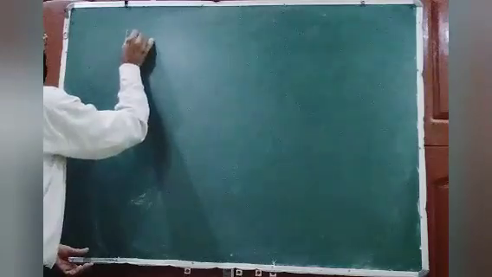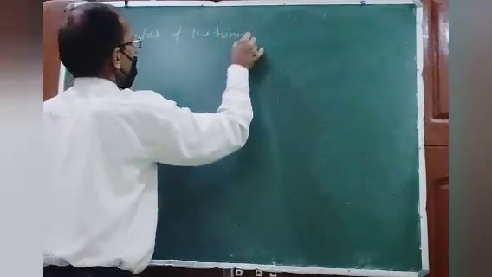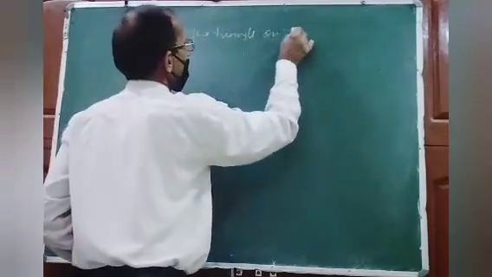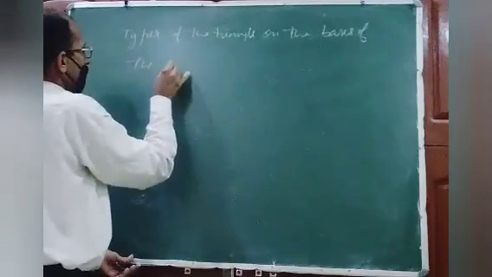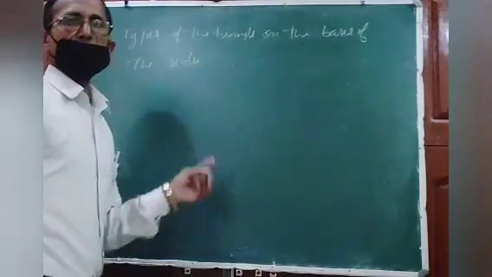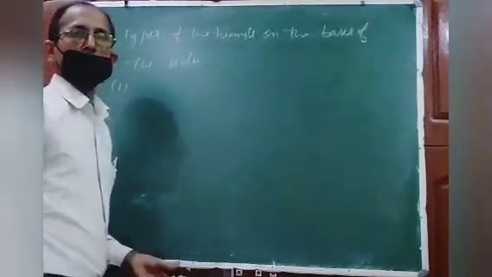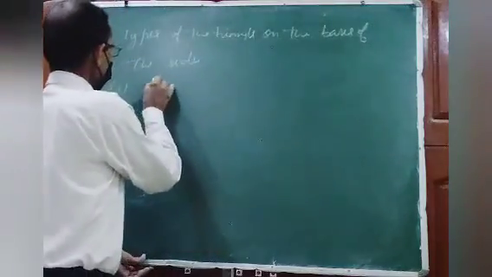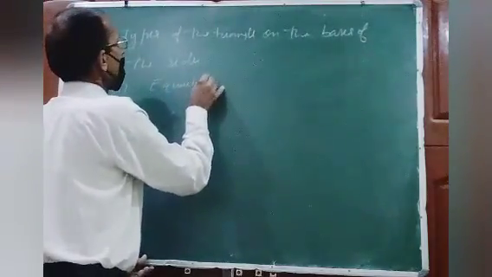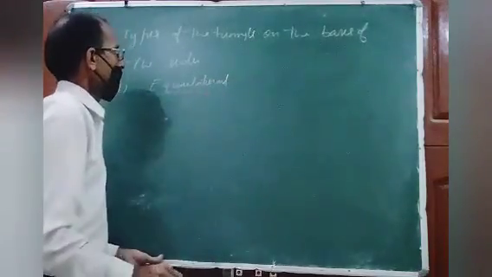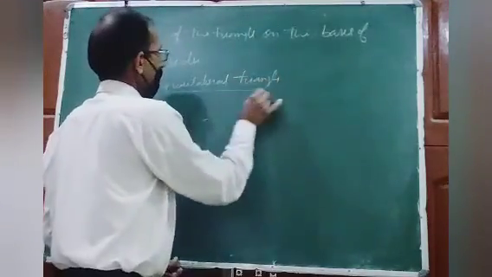Types of the triangle on the basis of the sides. First is the equilateral triangle.